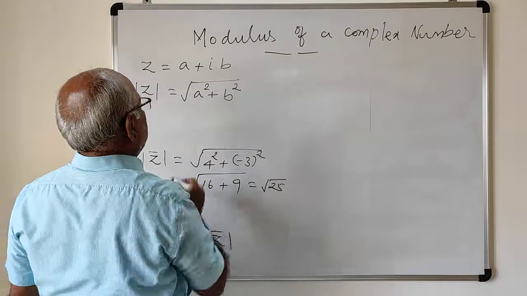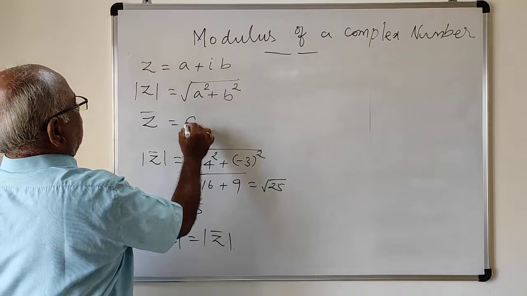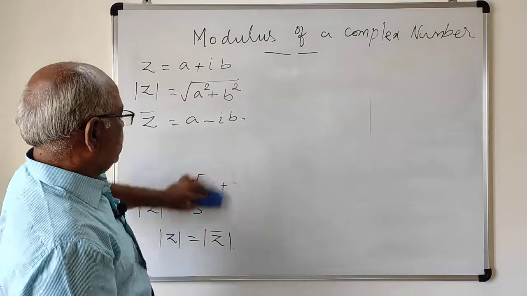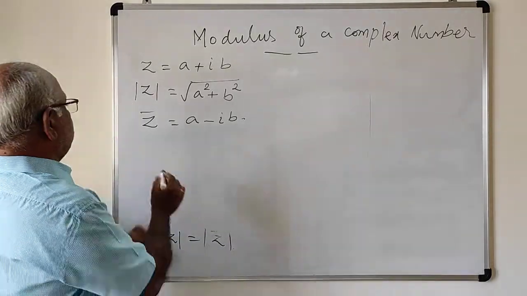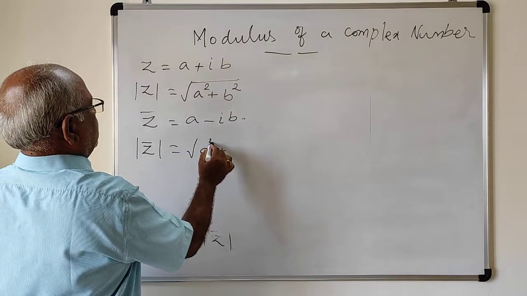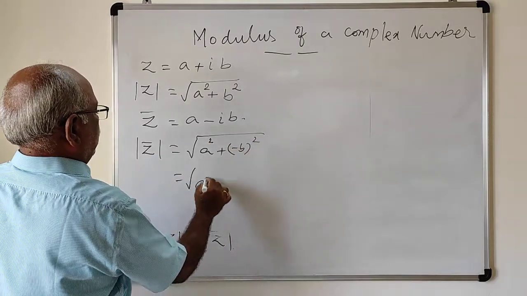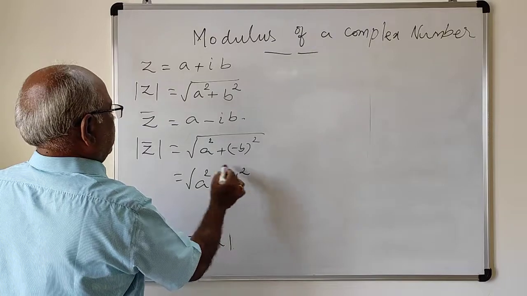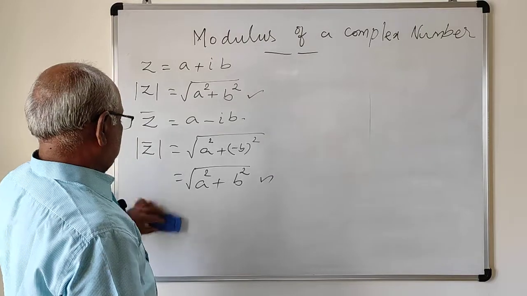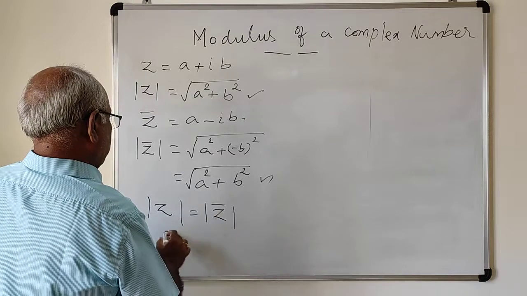This is the modulus of the complex number Z. Its conjugate Z bar is a minus ib. What is the modulus of the conjugate? Mod of Z bar is root of a square plus minus b the whole square, which is again b square. Therefore a square plus b square. So mod of Z and mod of Z bar are the same. Mod of Z equals mod of Z bar.